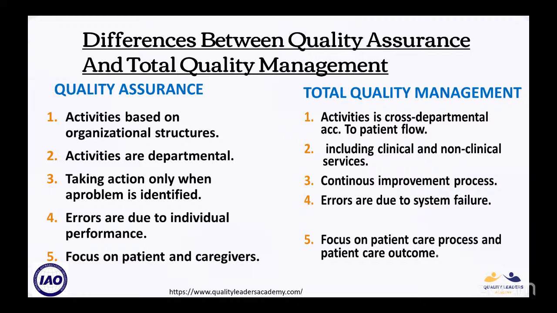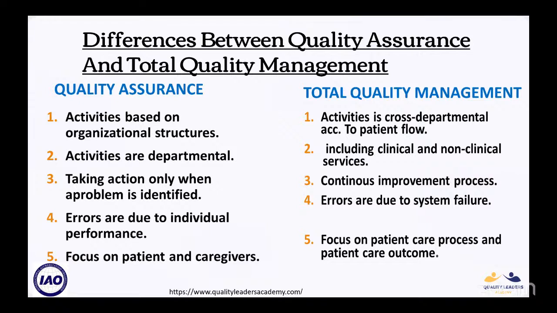They document for compliance reporting, and that's done. That's the QA approach. Whereas in TQM, they analyze the medication use process from prescribing to administration. They identify system vulnerabilities like LASA drugs, order forms, and all the human factors involved. Redesign the system to make errors difficult or impossible, like introducing barcode scanning, Tallman lettering for lookalike drugs.